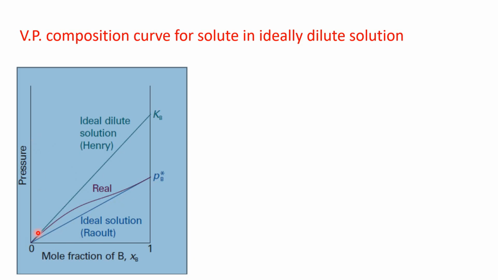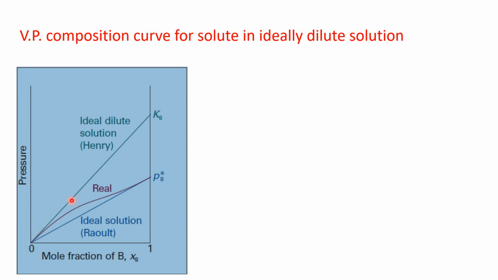And if it is, say, non-ideal, and these solute-solvent interactions are less compared to solute-solute or solvent-solvent, then this will be the curve for the solute. The solute-solvent interaction is less in the solution compared to solute-solute or solvent-solvent.